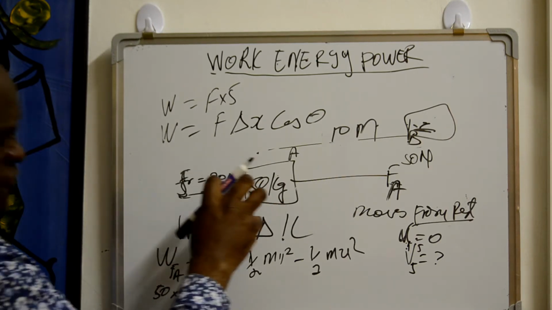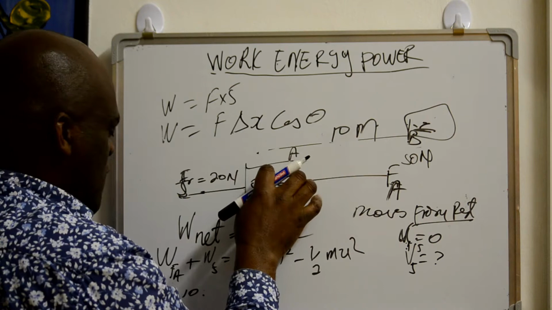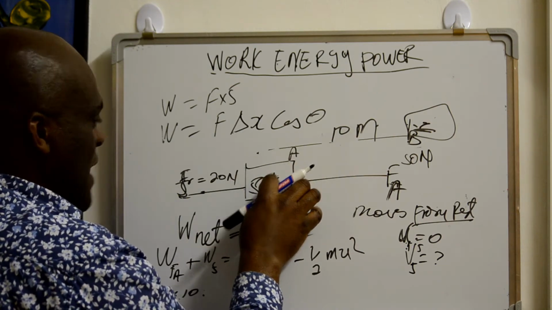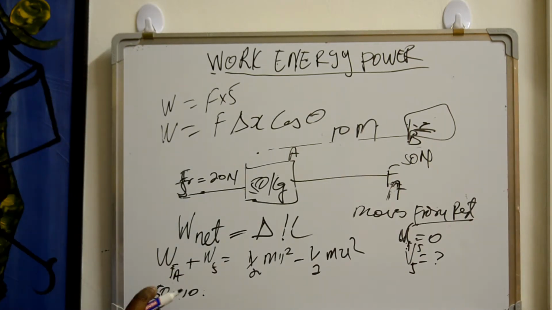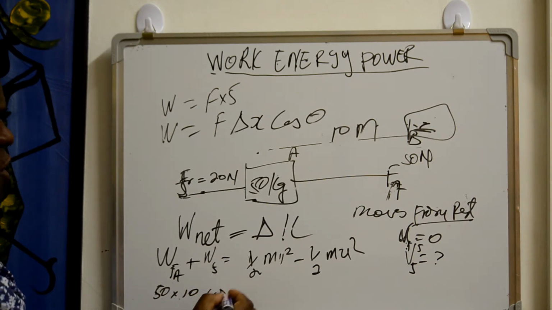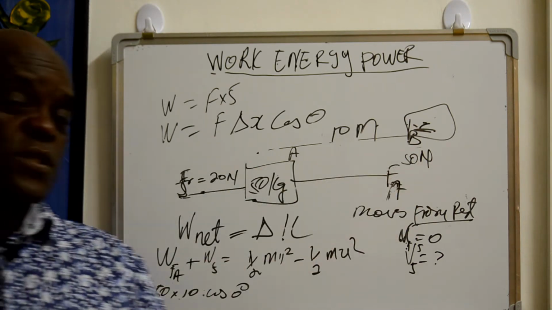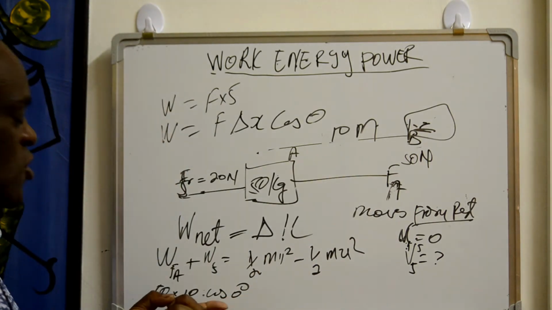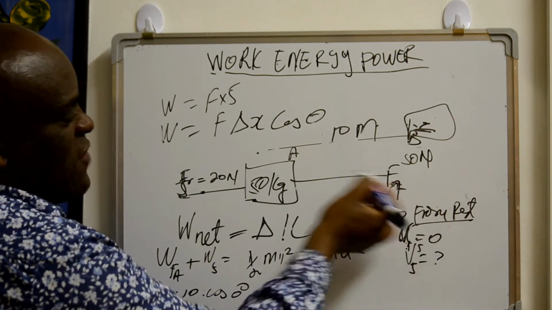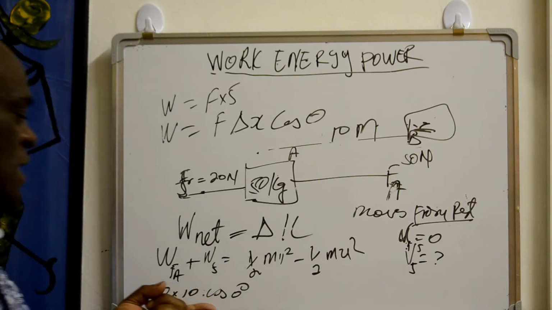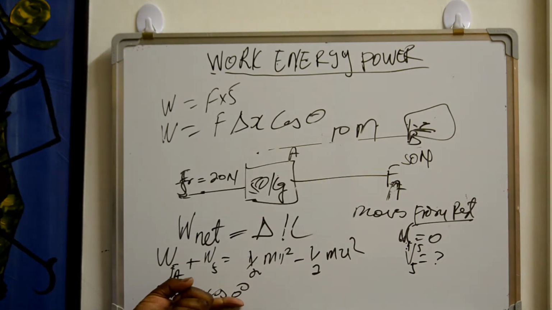Because the force, this 50 Newton, is in the direction of the object, it's 50 Newton, change in x, which is 10 meters, times cos 0 degrees, because it's in the same direction. If you pull something in the same direction, it's cos 0. This box moves in the same direction as the force applied. They are in the same direction. That is why we say cos 0 degrees.